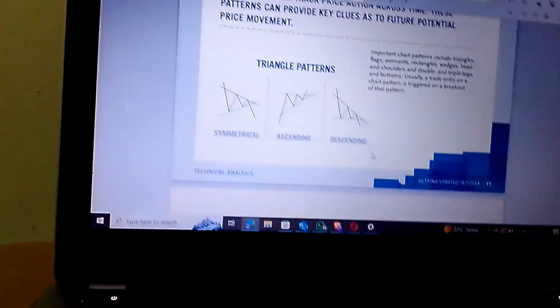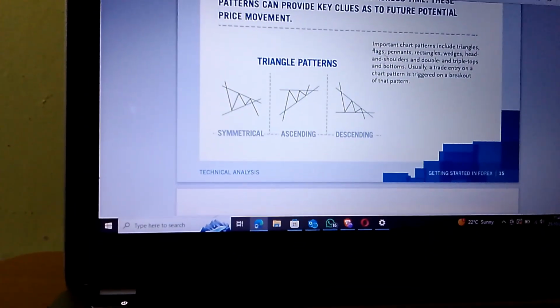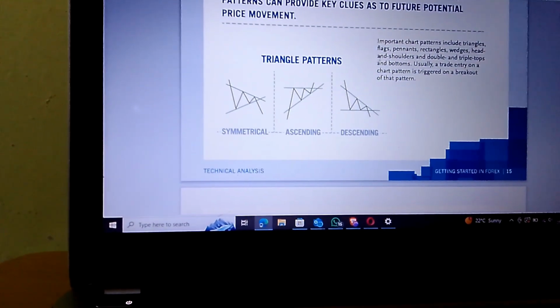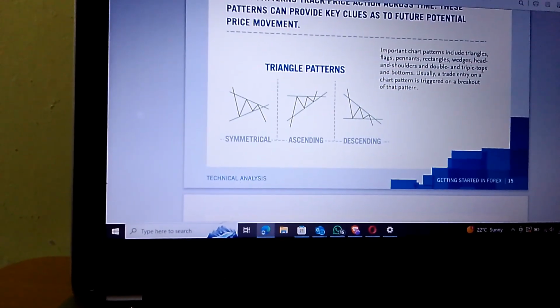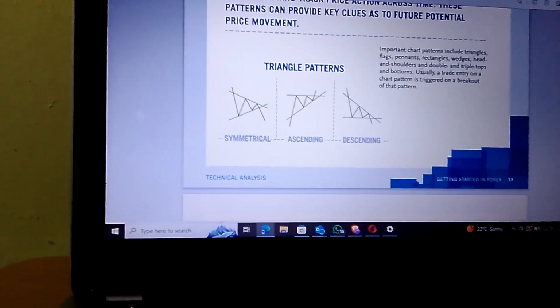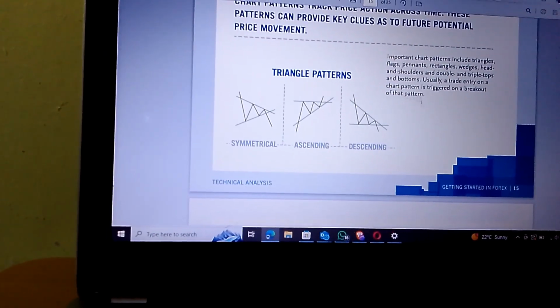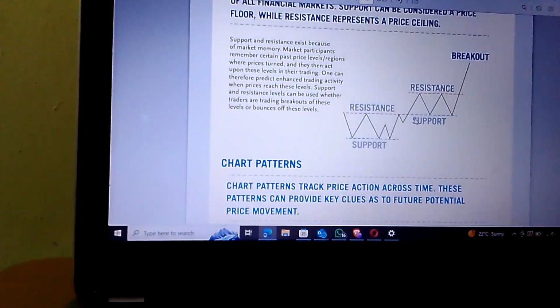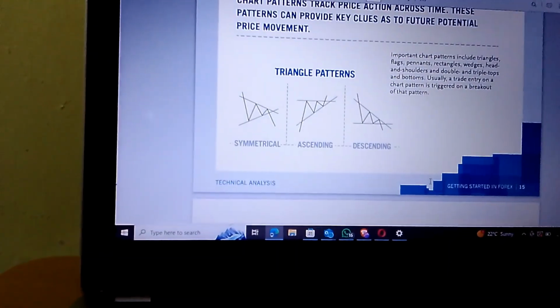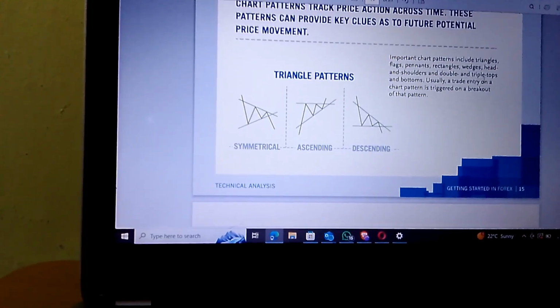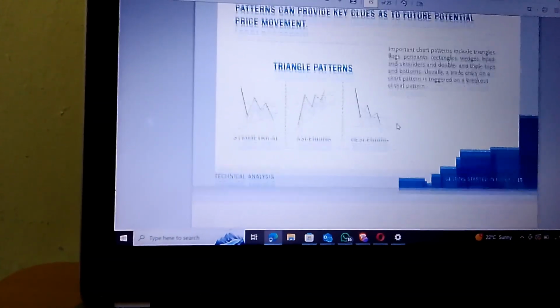Important chart patterns include triangles, flags, pennants, rectangles, wedges, head and shoulders, and double and triple tops and bottoms. Usually a trade entry on a chart pattern is triggered on a breakout of this pattern. So that's when a trade entry on a chart pattern is triggered.